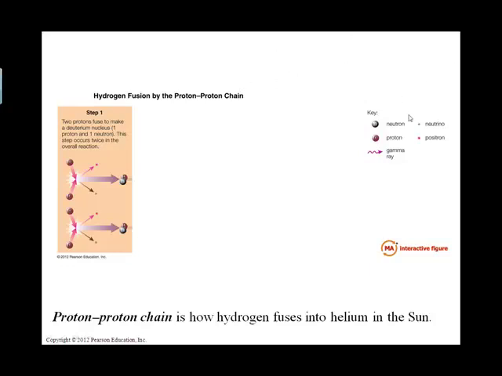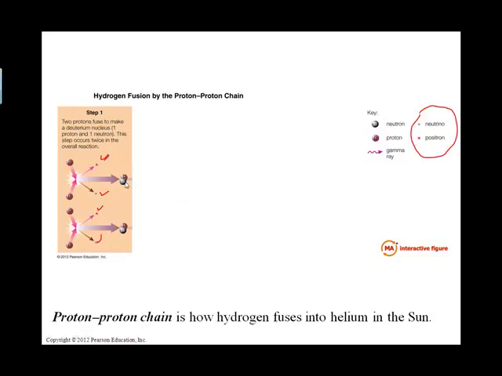Can you see the little pink and the little black and white thing? That is a neutrino, and that is a positron. Neutrino, positron, those are released early on in this fusion process.